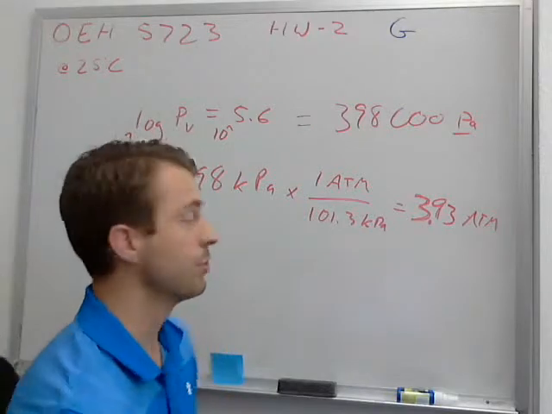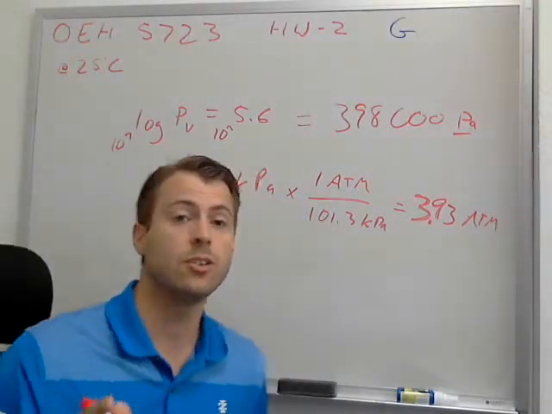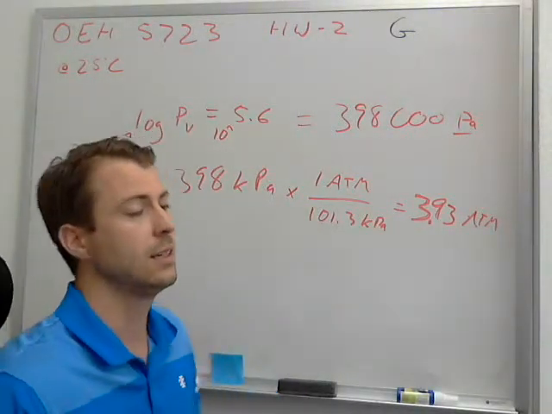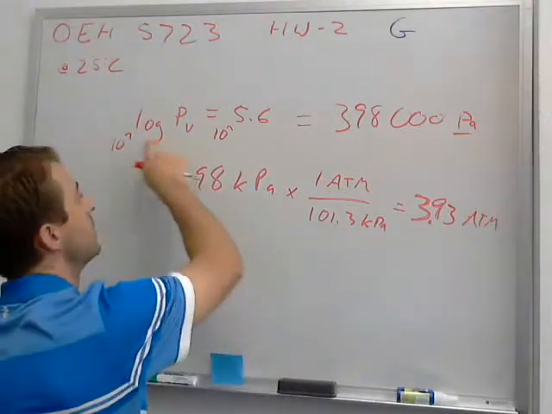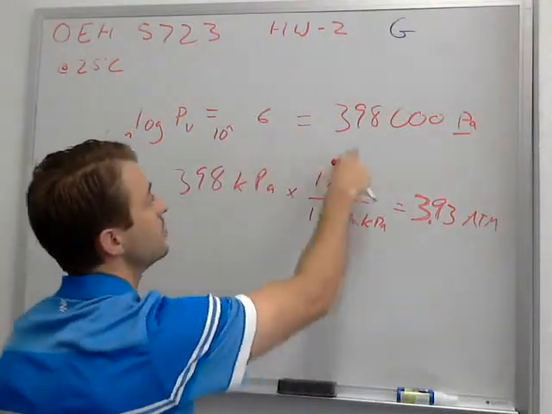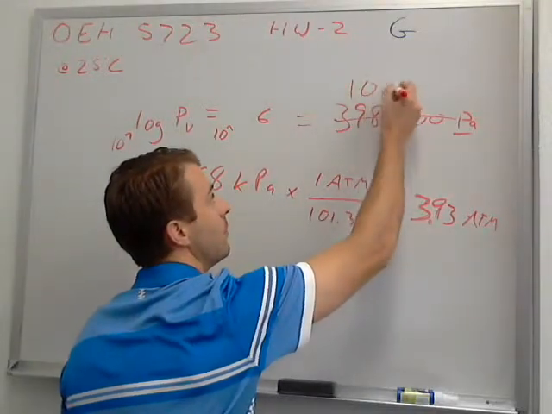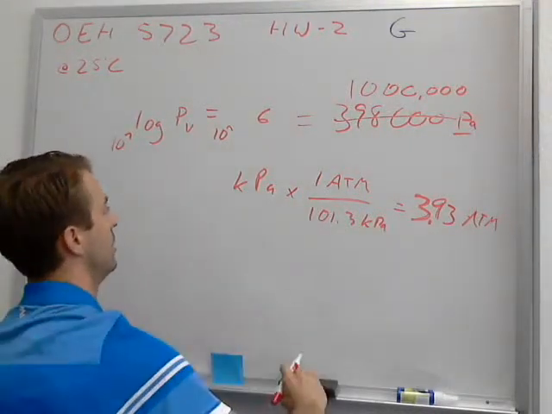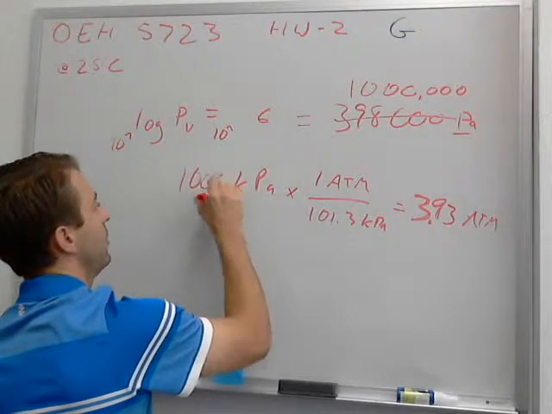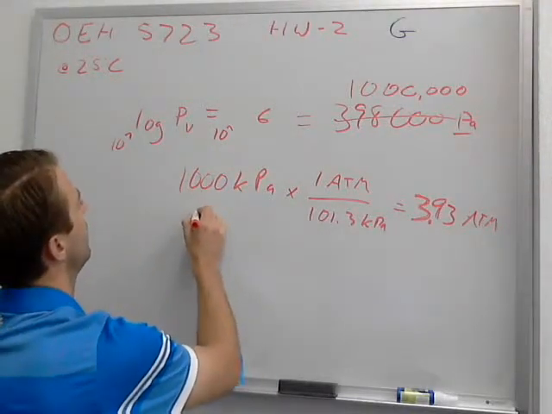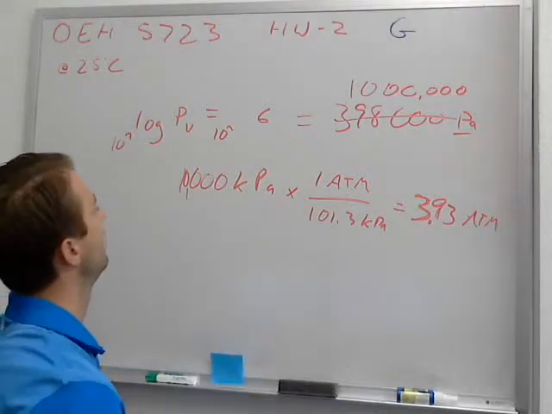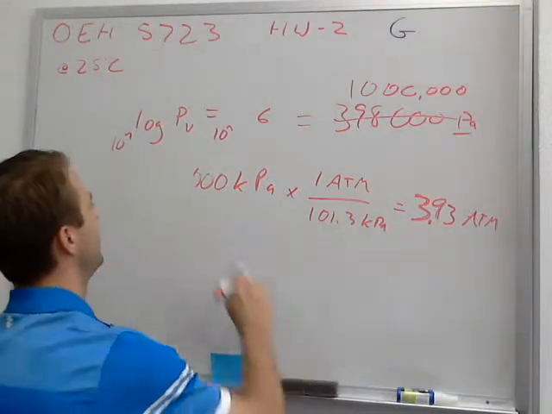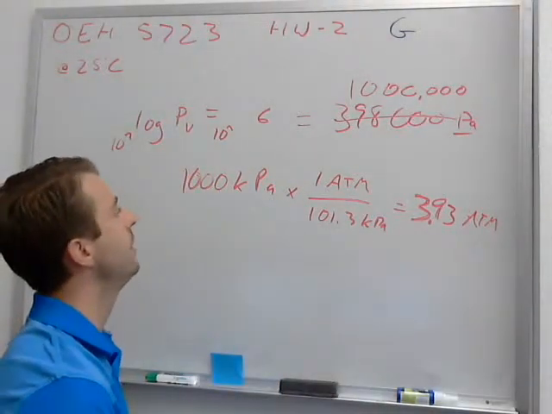So we have to put roughly 4 times the atmospheric pressure to get this SO2 to liquefy at this temperature. If you were sloppy with your interpretation and said, oh, that looks about like 5, or about like 6, you would have gotten a really different answer. If this was 6, then this would be 1,000,000, which would make this 10,000 kPa.